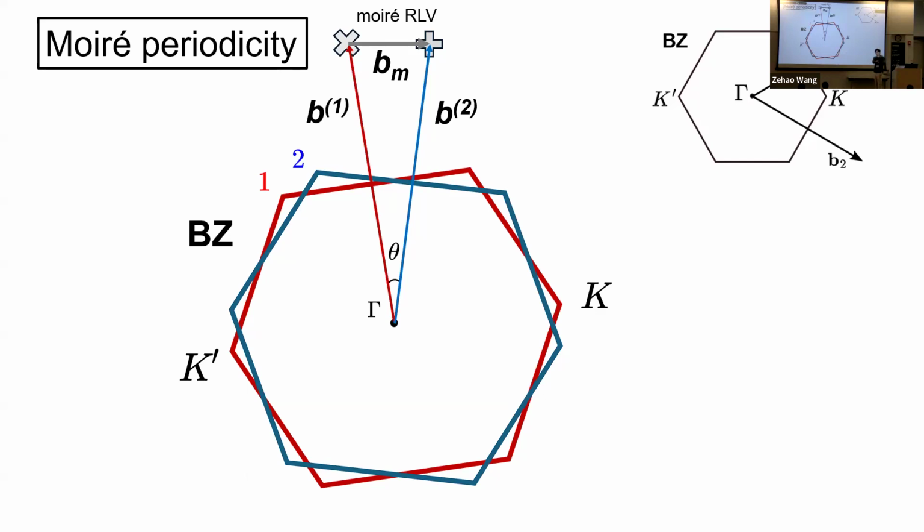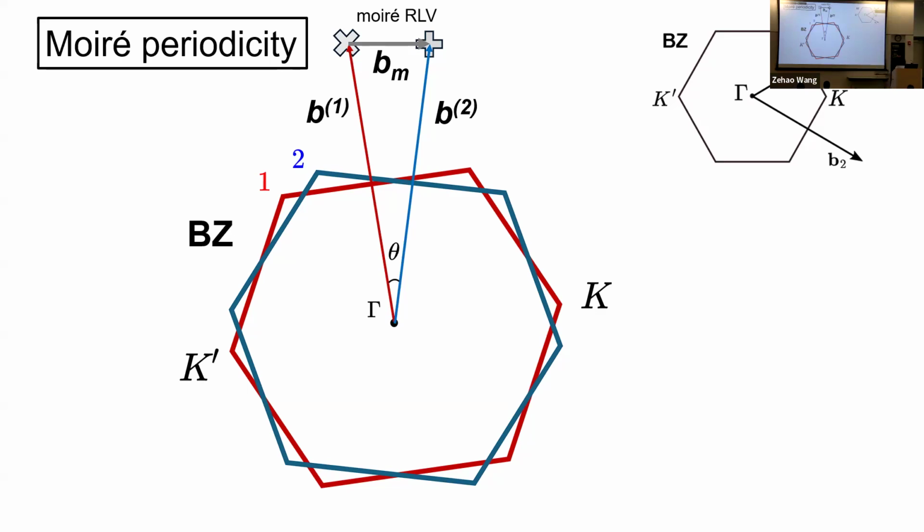It can become a blue electron on layer 2, and then it can Bragg scatter with B2 back to that plus momentum up there on the top right. And basically what we've learned is that, under the dynamics of the moiré pattern, right, this cross and this plus momentum are actually coupled, right? And so this is showing you that momenta that are related by a moiré reciprocal lattice vector are actually equivalent under the moiré pattern, right?